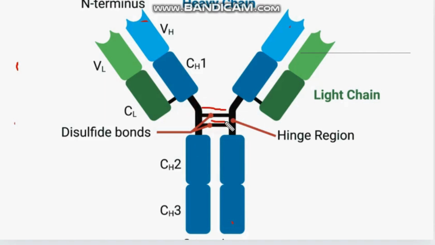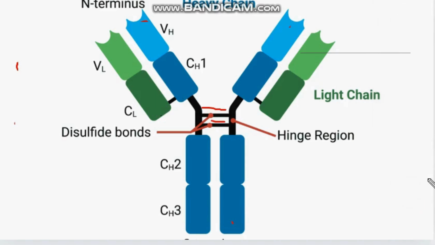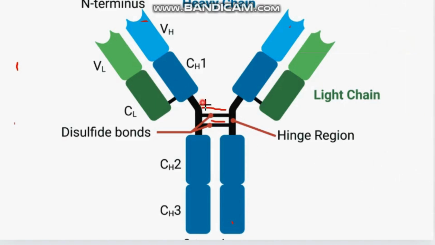Hinge region means this portion. So this is the hinge region.